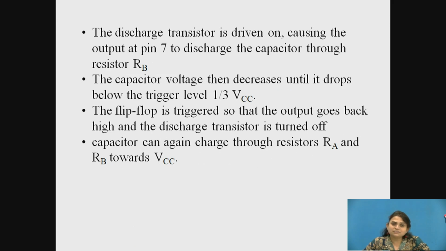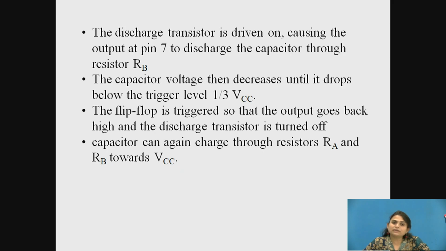Now, the discharge transistor is driven on, causing pin 7 to discharge the capacitor through resistor RB. So, here we can say that the capacitor will be charged through the resistors RA and RB, and it will be discharged through the resistor RB.